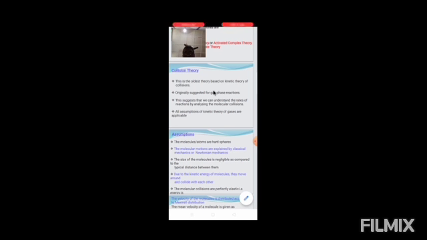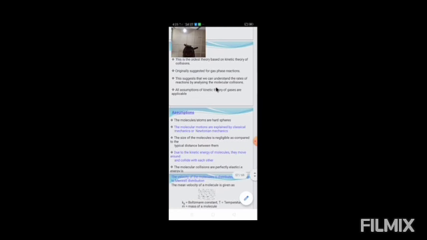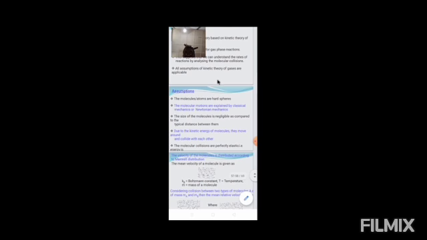Due to the kinetic energy of the molecules, they move around and collide with each other. The molecular collisions are perfectly elastic and energy is not lost here. The velocity of the molecules is distributed according to the Maxwell distribution. So that will give a Boltzmann's constant kB.